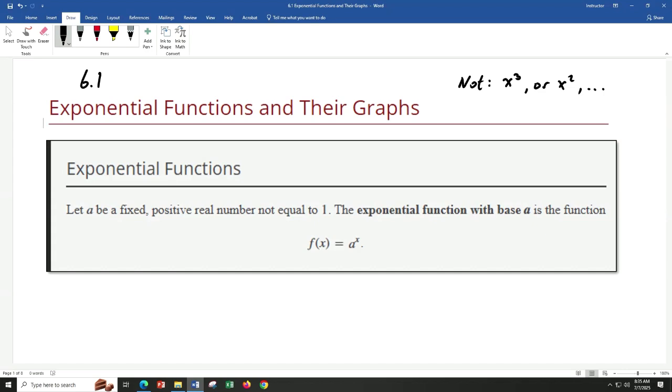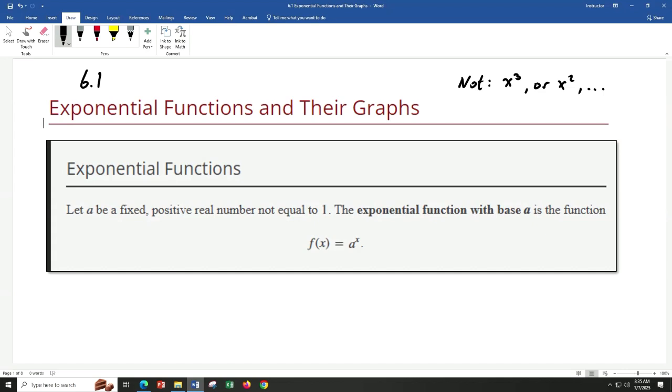People do tend to confuse those just a little bit. This one, your base will always be whatever a is, but x is now going to become your independent variable that changes.